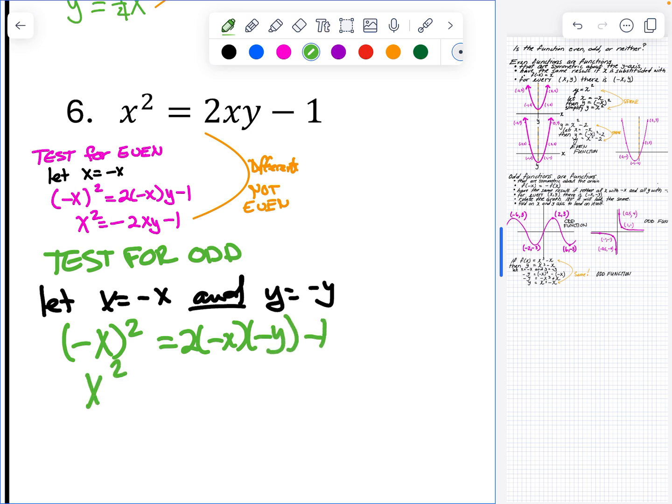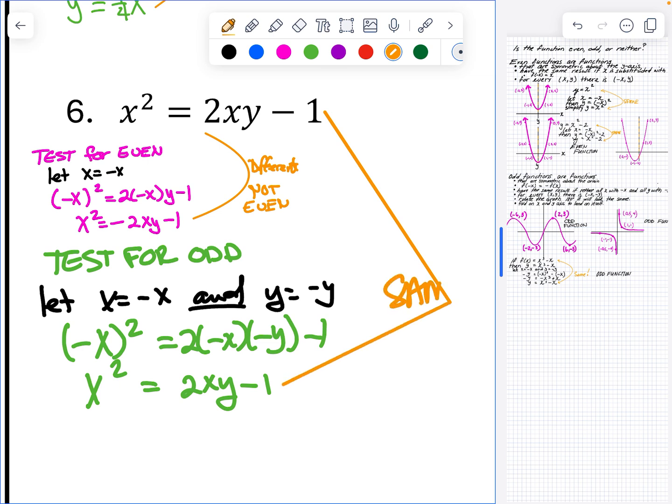That gets us x squared equals 2xy minus 1. Notice, please, that this equation right here and this equation right here are the same. So it is indeed odd.